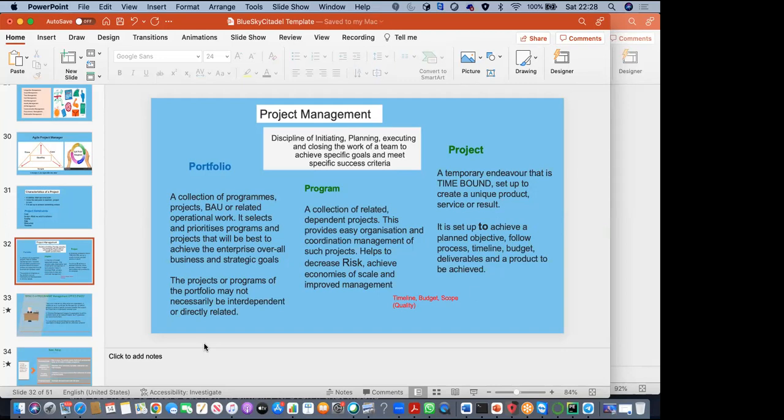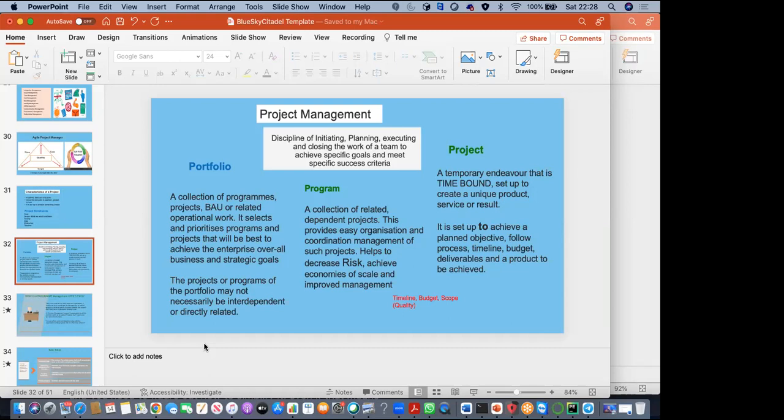Why? Because the program management office is what sees into the day-to-day running of the project management office. As a project manager, you manage your project, but the program manager manages the projects within the program, like the example I gave you.